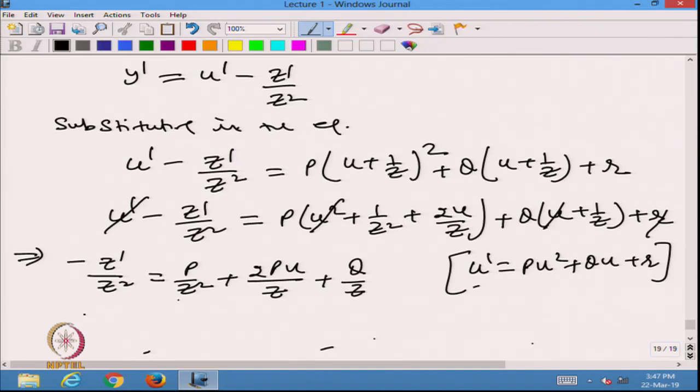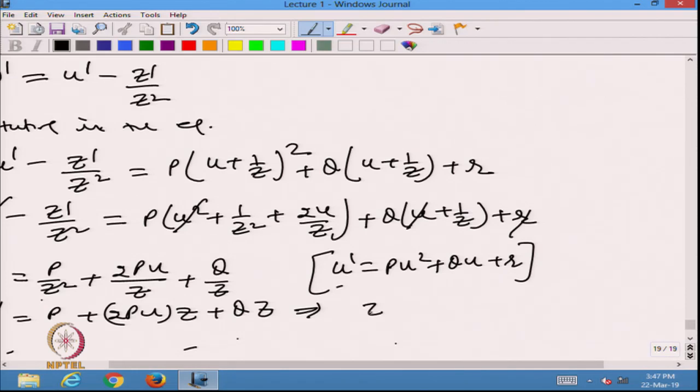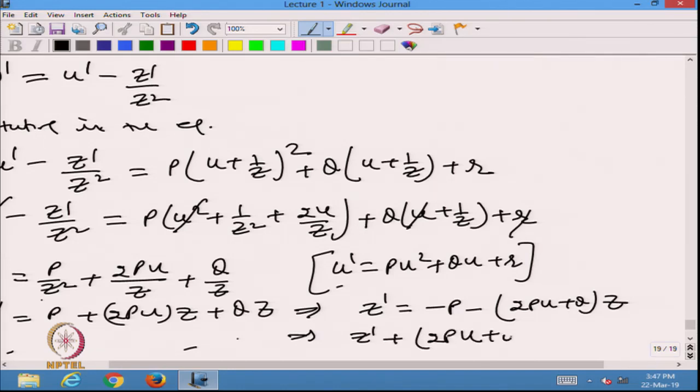Now, I multiply both sides by z square, and I get z dash equal to minus p minus 2 p u z minus q z, which can further be written as z dash plus 2 p u plus q times z is equal to minus p.